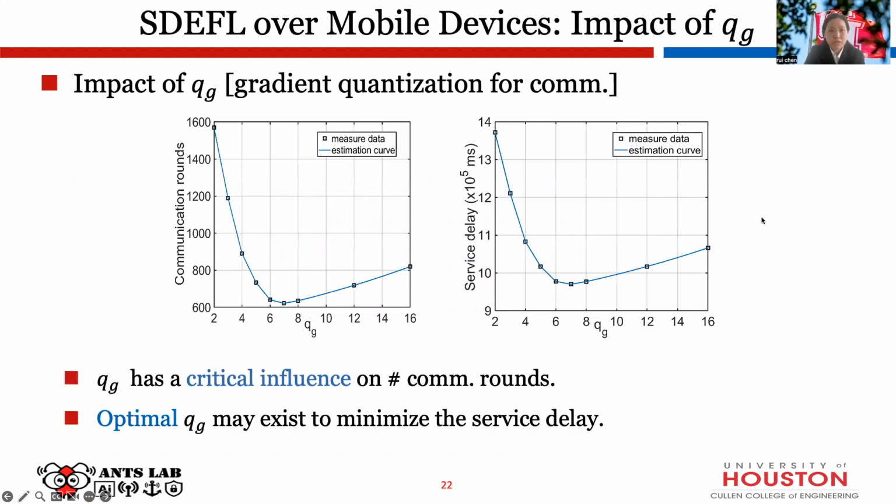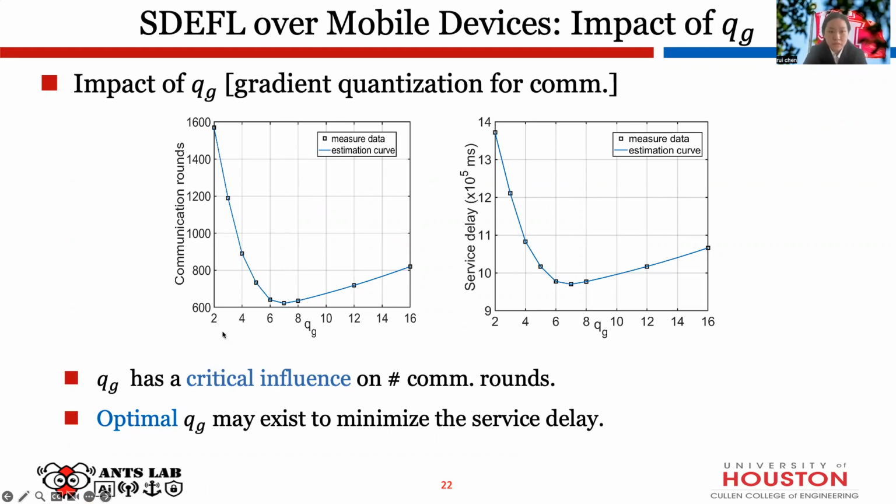We found that the gradient quantization level has a very important impact on the convergence speed. If we choose a very small quantization level, it results in a huge information loss for the gradient. Hence, it will require the model to train for extra communication rounds to recover the model performance.